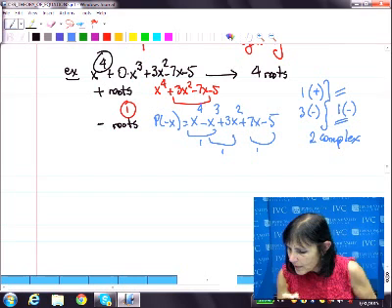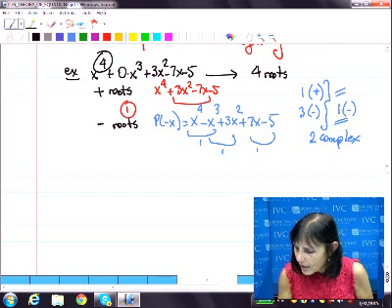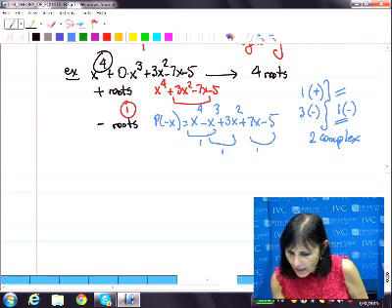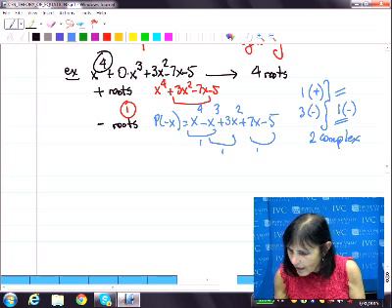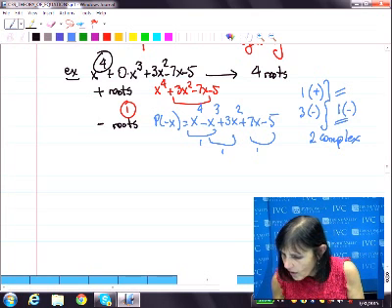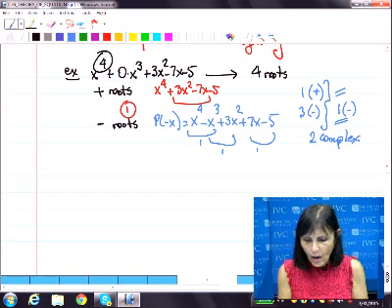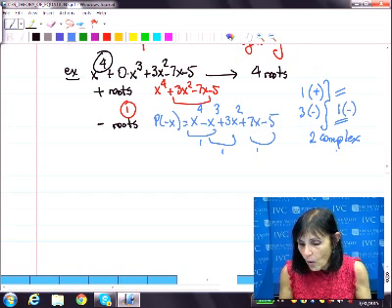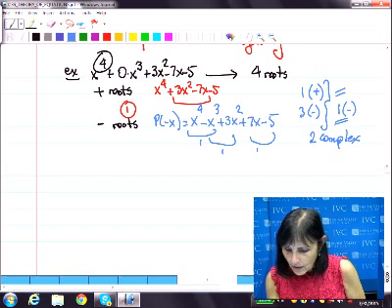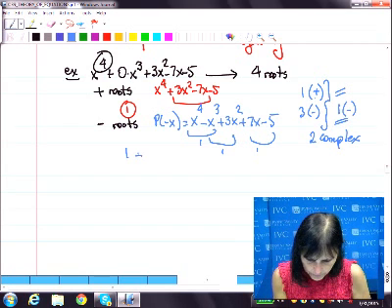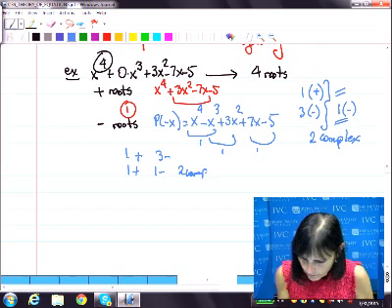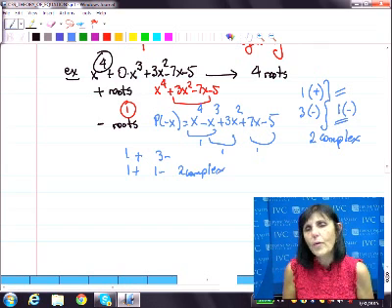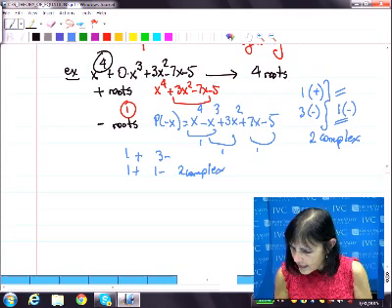I just looked at the possibilities, so that you cannot just go and pick anything and figure things out. You're going to have one positive root and three negative roots, or you're going to have one positive root, one negative root, and then two complex roots. There's no other way. Okay, so let's look at another example.